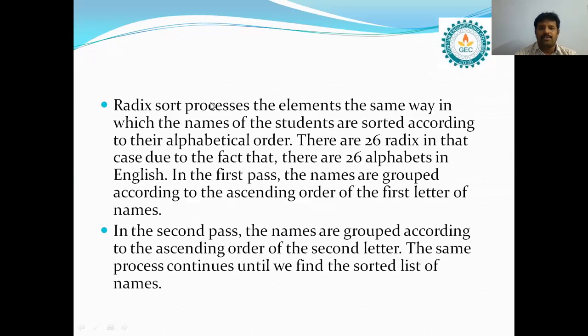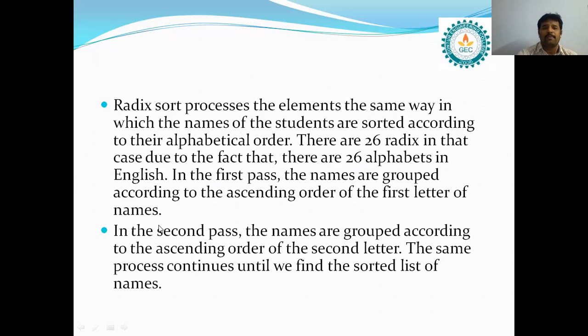Radix sort processes the elements the same way in which the names of students are sorted according to alphabetical order. There are 26 radix, that means 26 letters, because there are 26 alphabets in English, so there are 26 iterations.